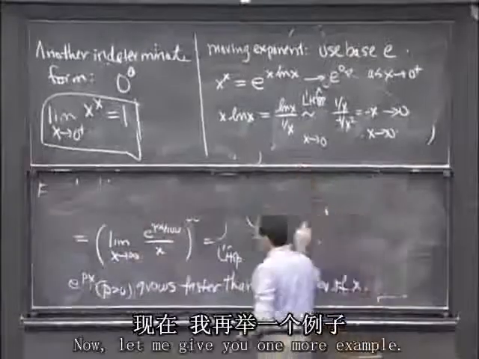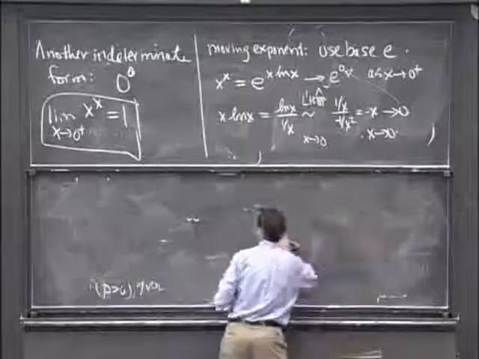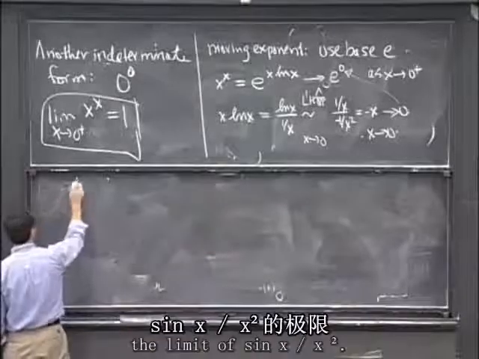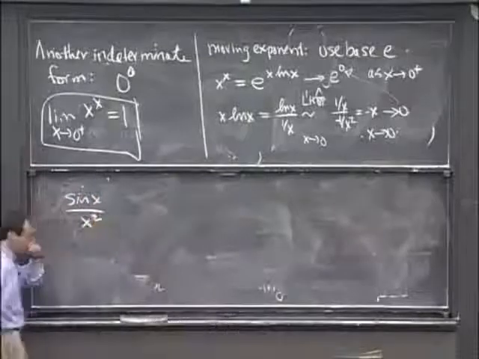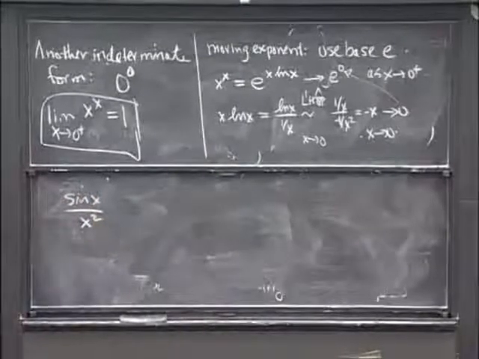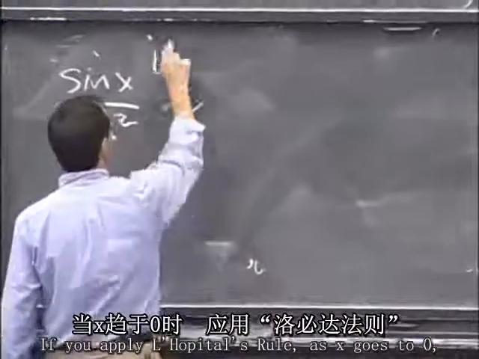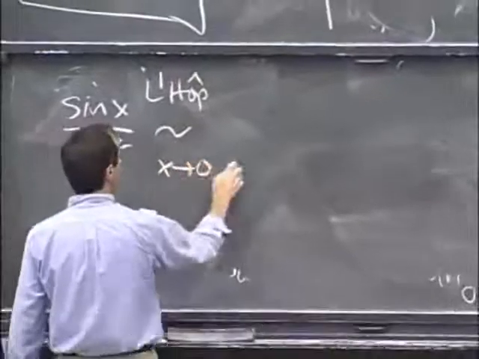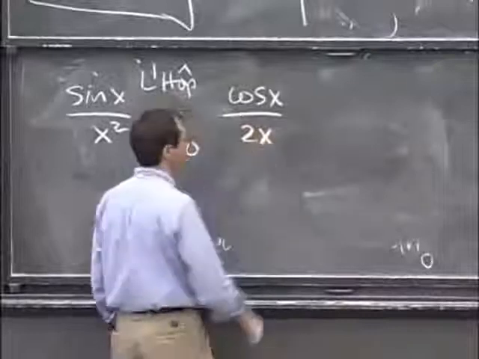Now, let me give you one more example. Suppose you're trying to understand the limit of sine x over x squared. If you apply L'Hopital's rule, as x goes to 0, you're going to get cosine x over 2x.